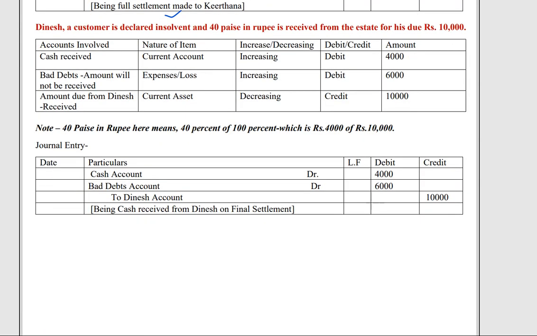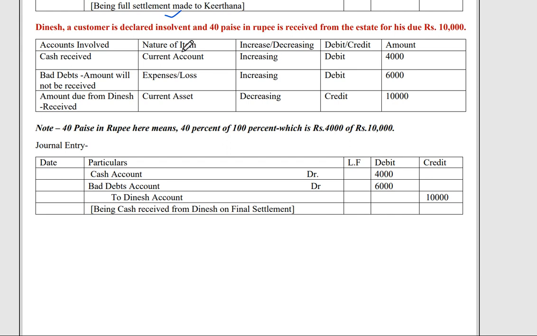But in this example, the amount is due from Dinesh to our business. He is a debtor who had to pay our business 10,000 rupees, but now he has become insolvent. Insolvent means he is incapable of paying our money back. The amount may go to bad debts.